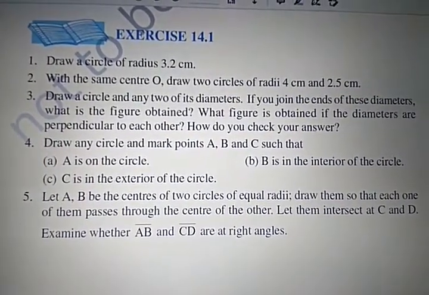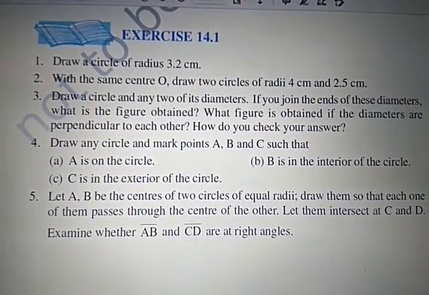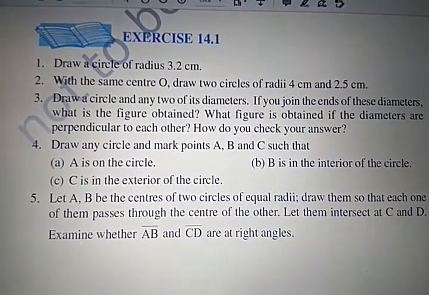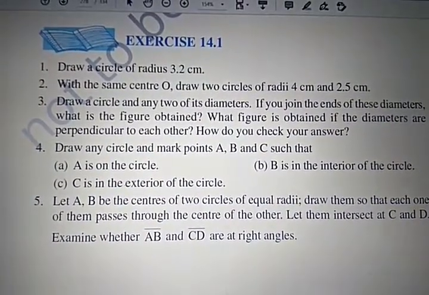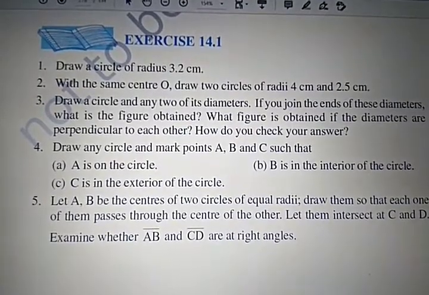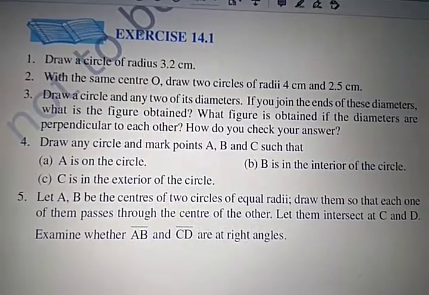So we look at the steps first and then draw that construction. But don't do it like this. Parallelly, you have to write down whatever you are doing, right? Each step you have to write down.